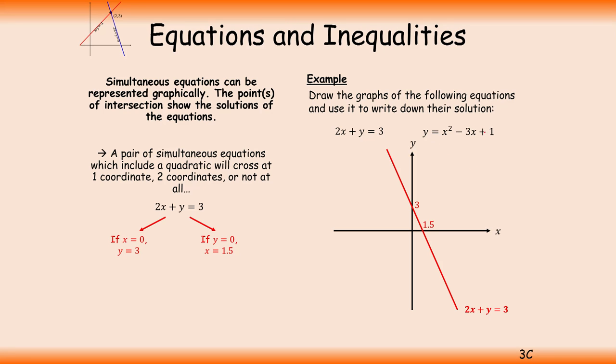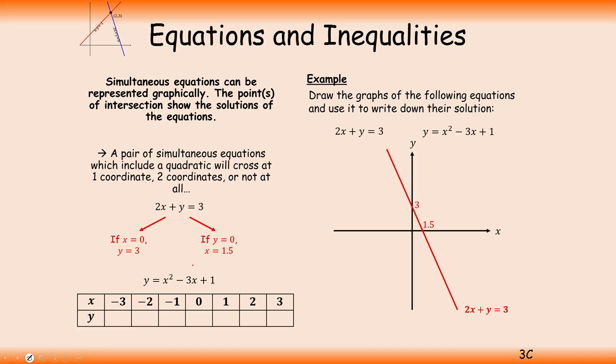If I was going to sketch a quadratic, I'm sure you remember this from GCSE. Quickest and easiest way is to set out a table. I'm going from minus 3 to 3 here, and I'll put the points in and solve for y for each of these by substitution, and that gives me my y values, and I can plot the curve.